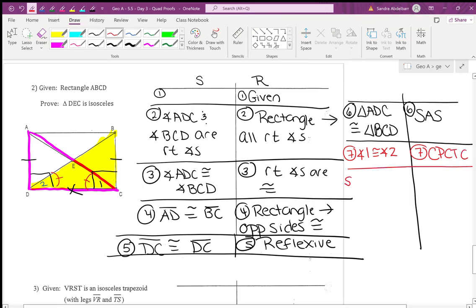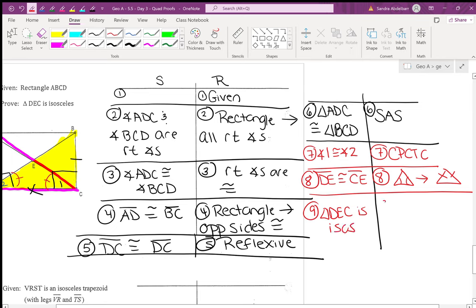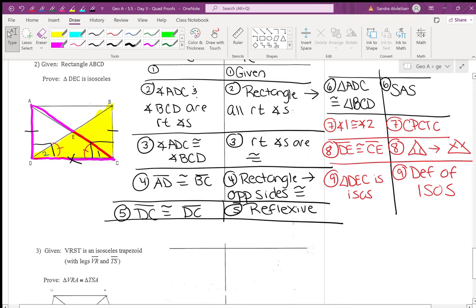Then we can go on and say that DE is congruent to CE, and that's going to be base angles, 2 legs. And lastly, we can say triangle DEC is isosceles, def of isosceles. So those were 2 different ways we could have done this.